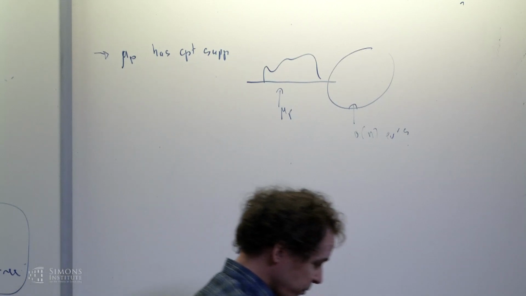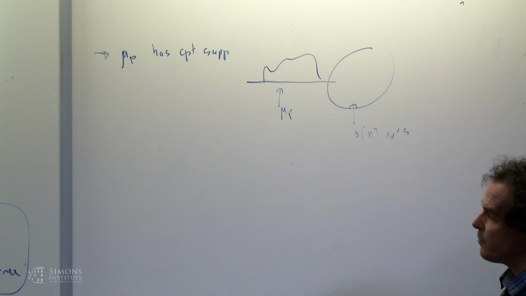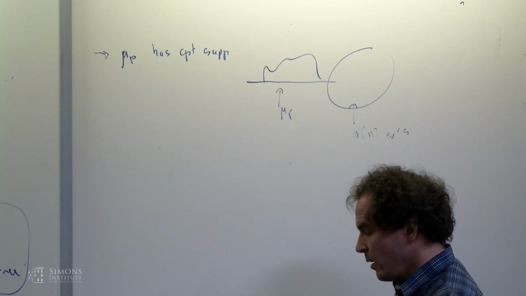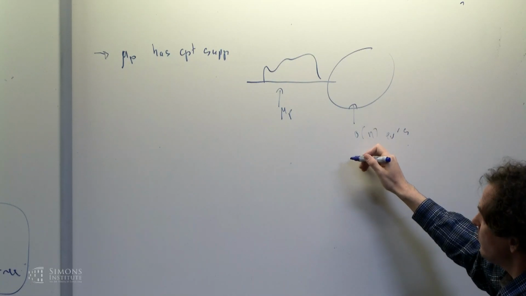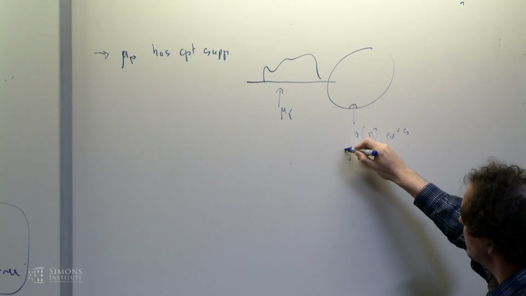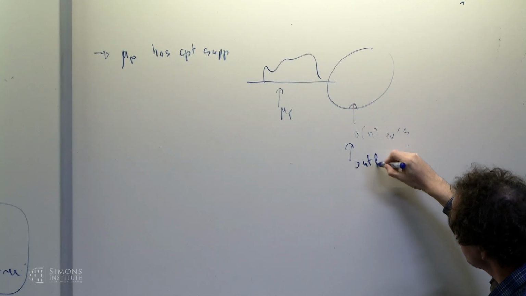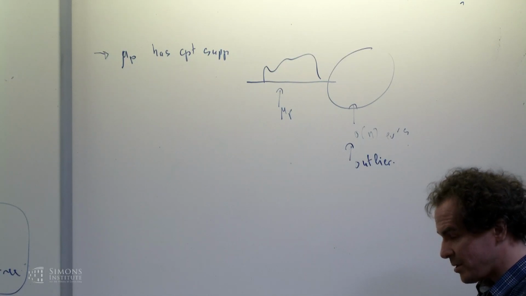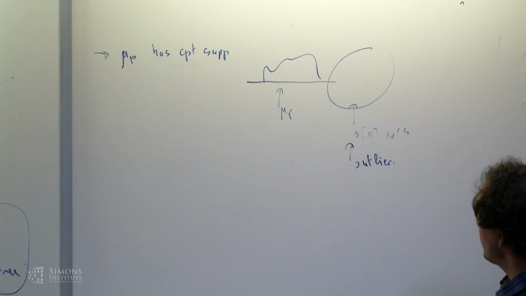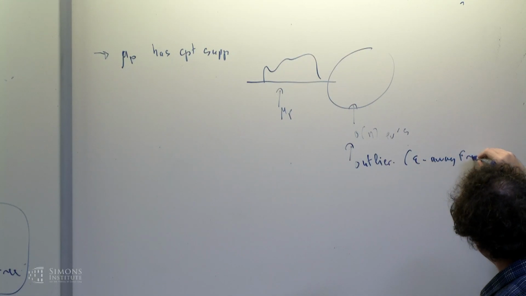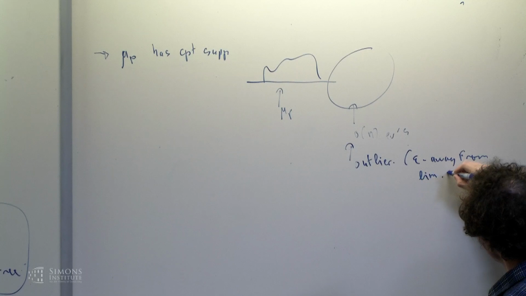As soon as I don't have a macroscopic amount of eigenvalues, I don't see them, and the limiting measure is 0 there. But any eigenvalue which is epsilon away from the limiting support, so of mu p, we would call an outlier.